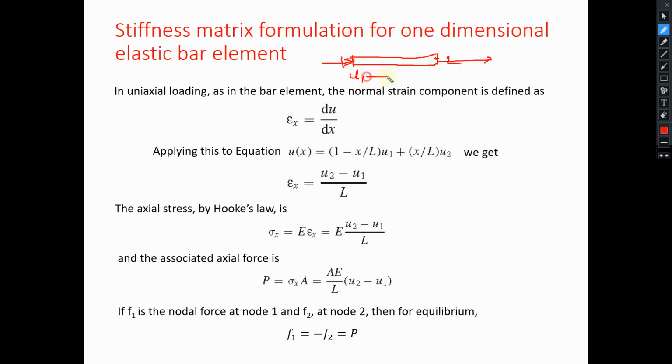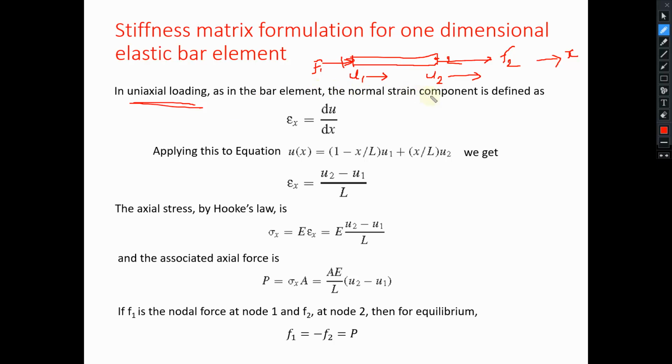U1 is the displacement of node 1 and U2 is the displacement of node 2. And suppose F1 is the force acting at node 1 and F2 is the force acting at node 2. So everything is in the same direction. This is the x direction. So everything happens only in the x direction, so that is why it is called uniaxial loading. The load is applied along a single axis.